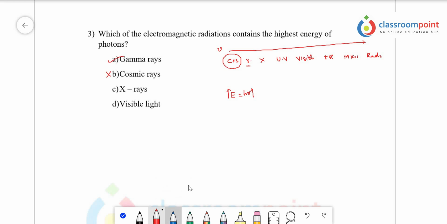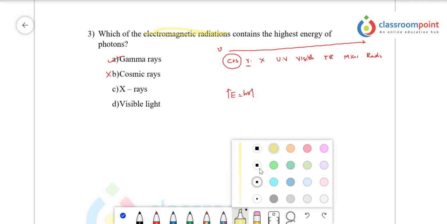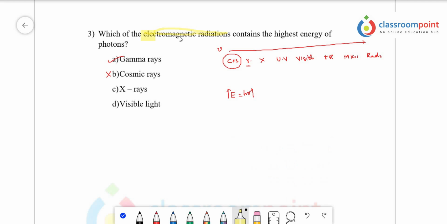Let's try to discuss the reason why. Here it is clearly mentioned that electromagnetic radiation. So they are discussing about the electromagnetic radiation. But here cosmic rays are not electromagnetic radiation. These are just particle rays.